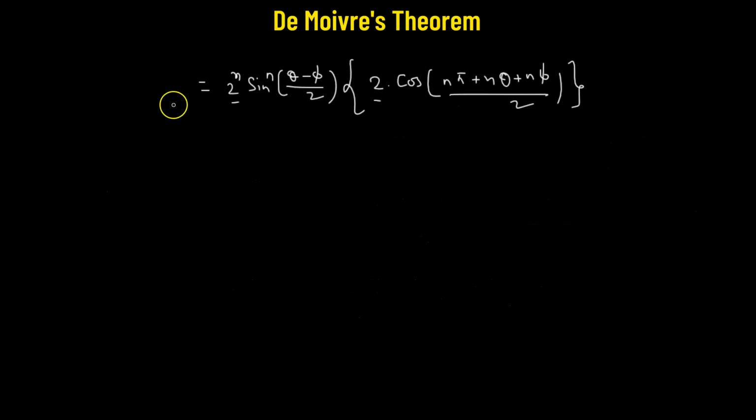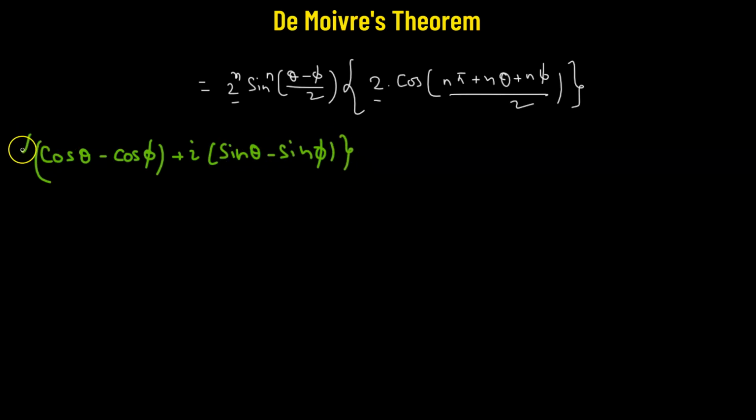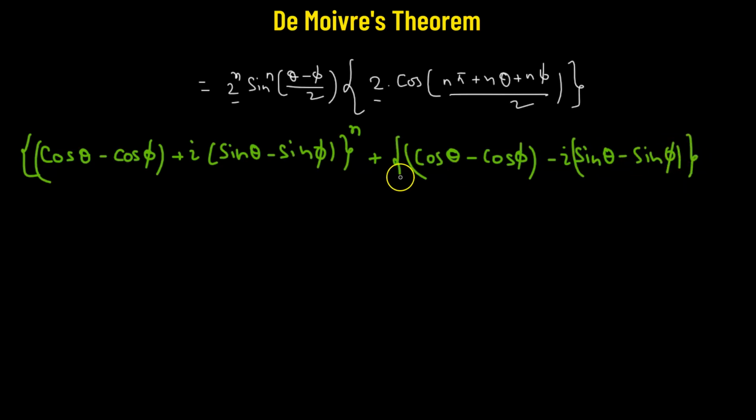So therefore, finally let's write down everything. We have cosine of theta minus cosine of phi plus iota times sine theta minus sine phi, whole raised to the power of n, added to cosine of theta minus cosine of phi minus iota times sine theta minus sine phi, whole thing raised to the power of n.